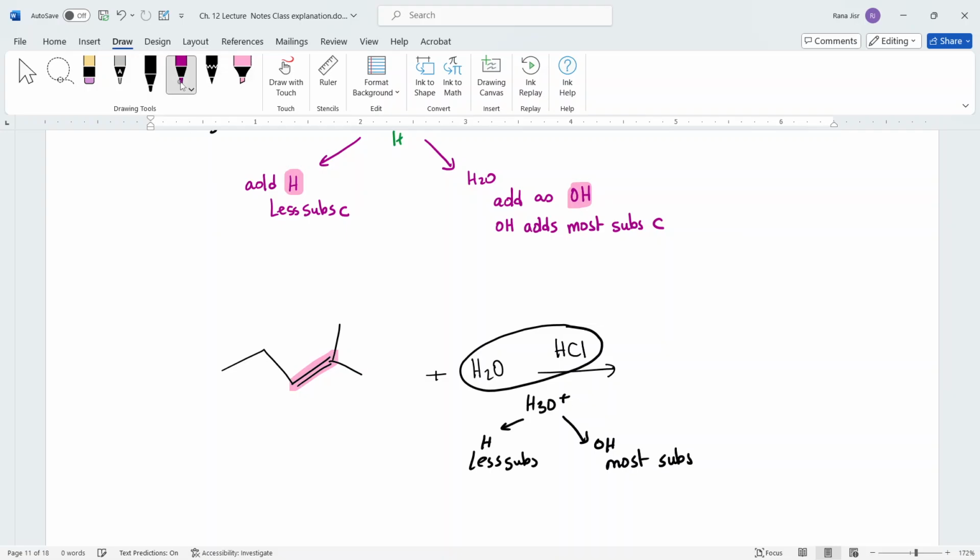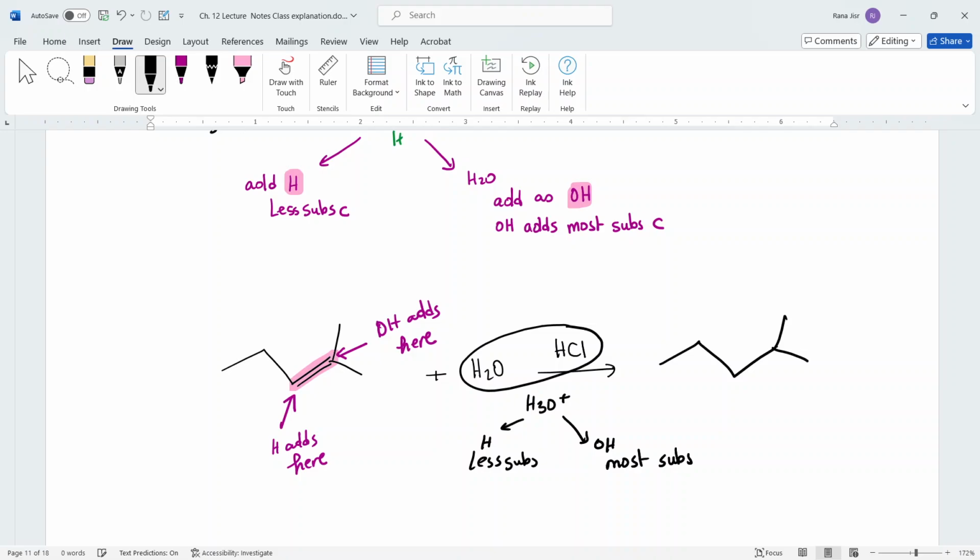It's enough to know which carbon is the least substituted. This one is the least substituted, so hydrogen adds here, and this carbon over there is the most substituted, so OH adds here. Okay, and then go ahead and draw your product in there.